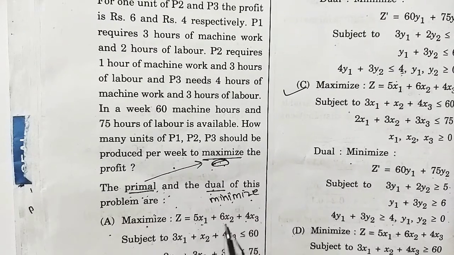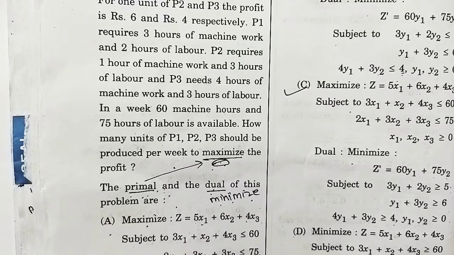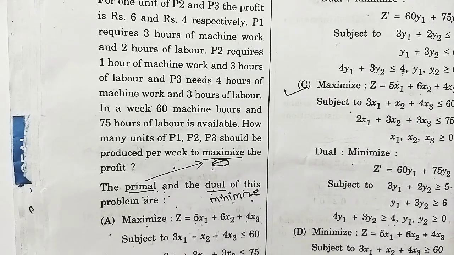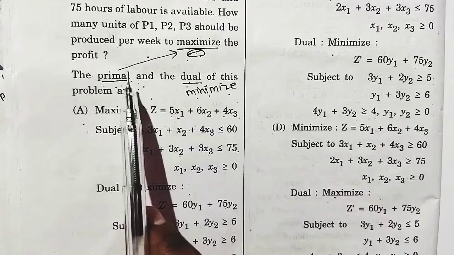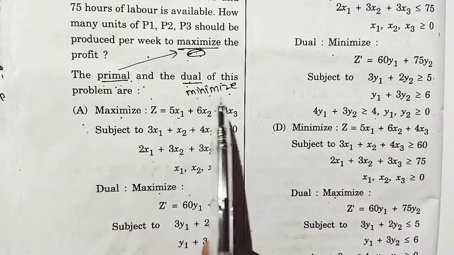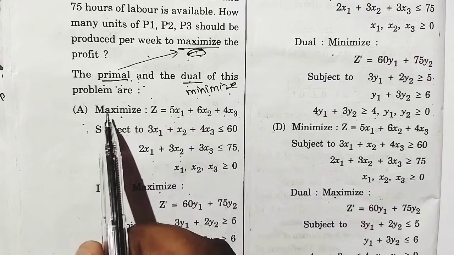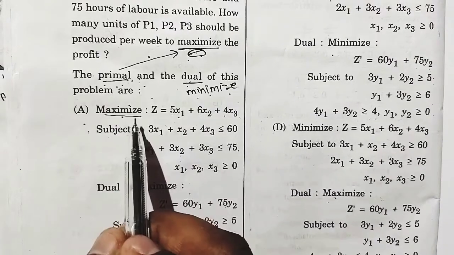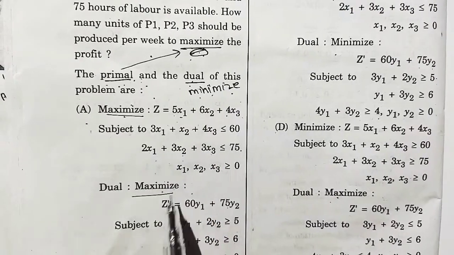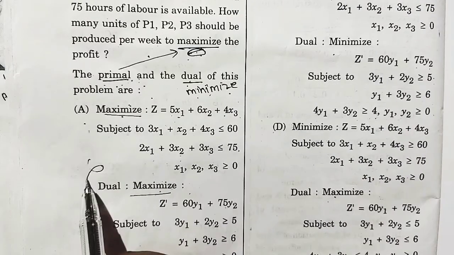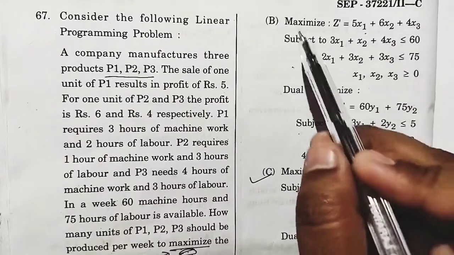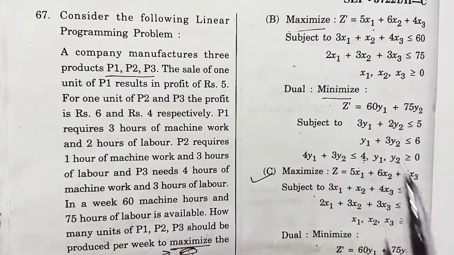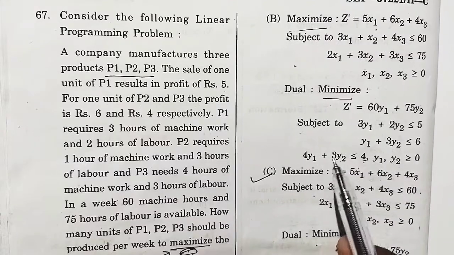Now how to convert, we will check the options. From those options you will also be very clear. Option A: for primal our function is maximize and dual should be minimize, but in option A primal is maximize and dual is also maximize, so option A is perfectly wrong. Option B: in this, maximize function, minimize function, so step 1 is correct for option B. Now check.